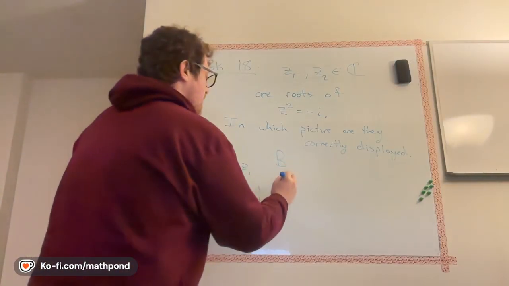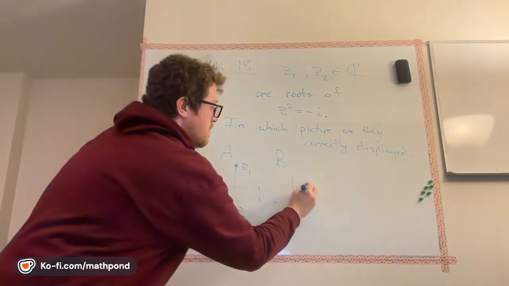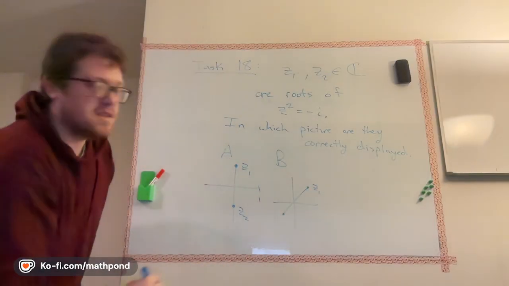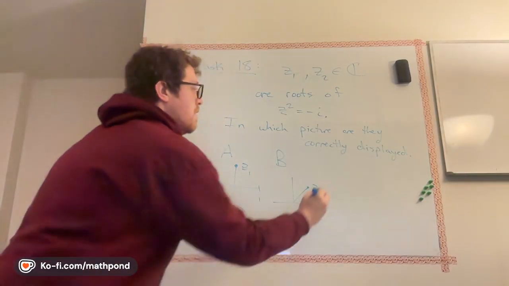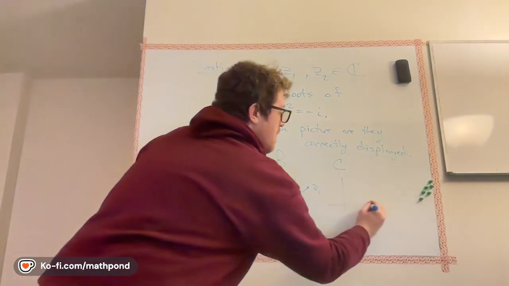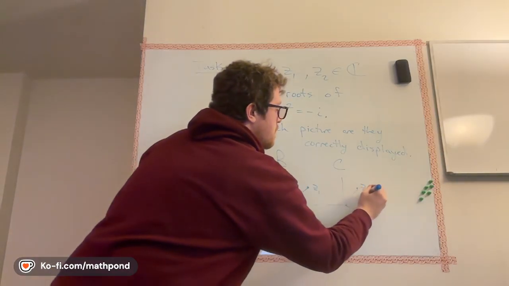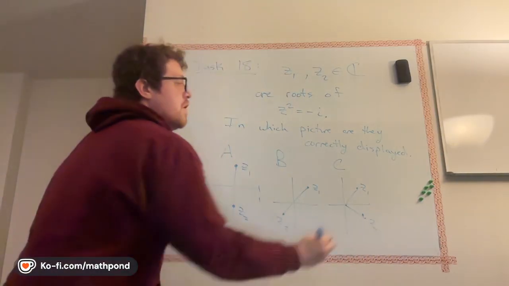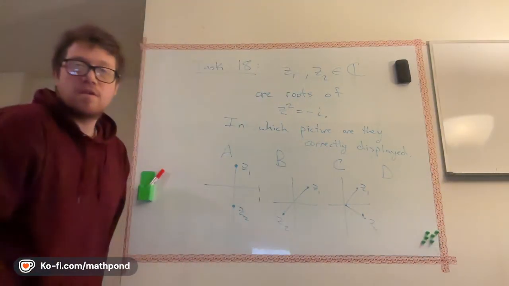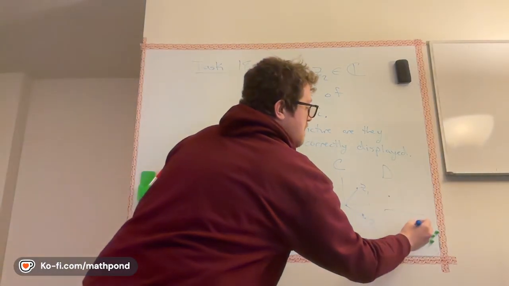B is, they're kind of like this. So this is now Z1, I guess, and this is Z2. Or C, they're both on this side of the plane. Z1 over here, Z2 over here. Or I guess D is the final possibility. Multiple choice, and in this one they're like on opposite sides on this plane.